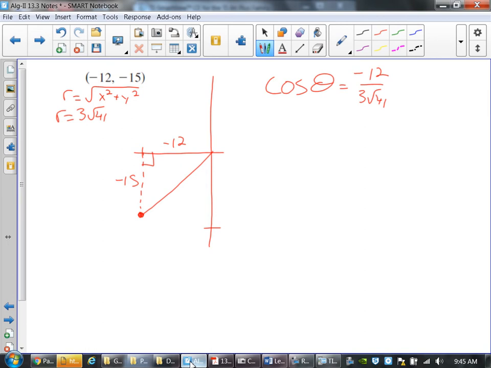Right off the bat, I know that this is going to be negative 4 over root 41. Does everybody agree that I have to rationalize to make this correct? Yes. Okay. Before I do that, what's secant?